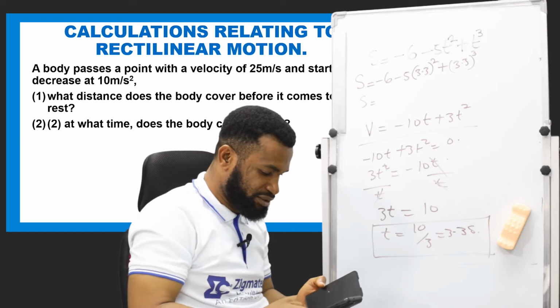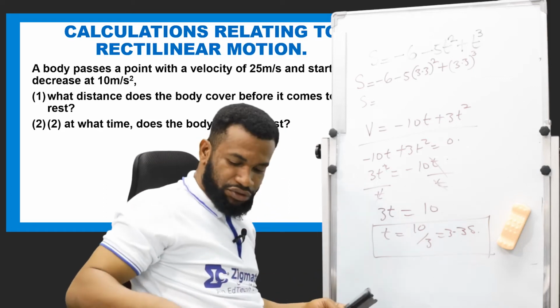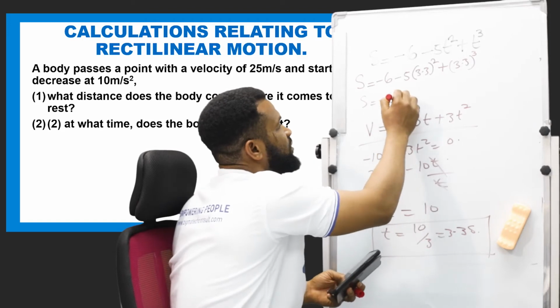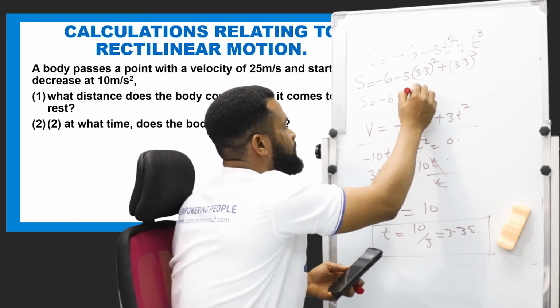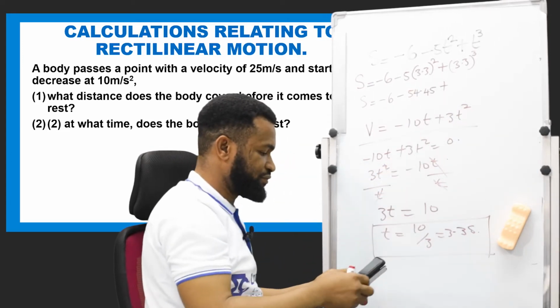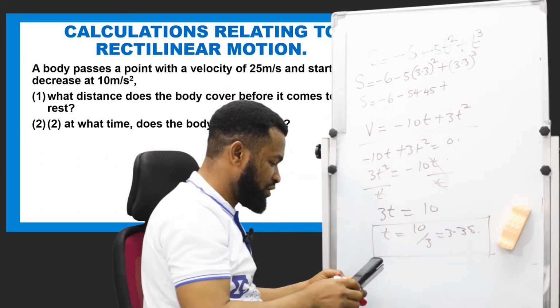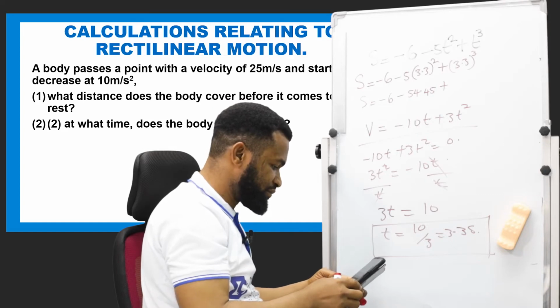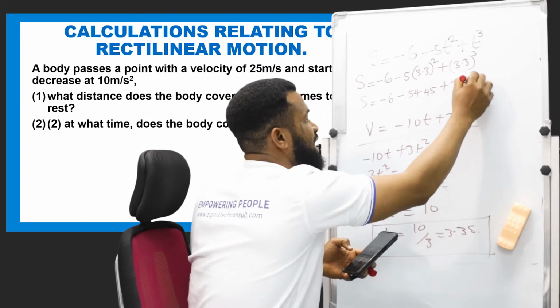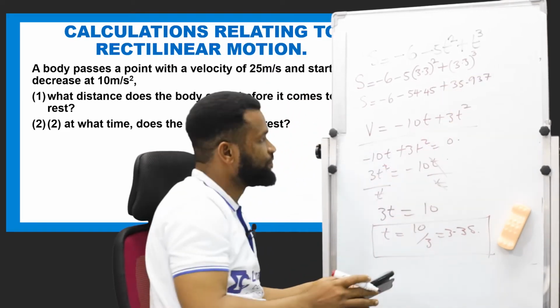So I'm using my calculator. When I multiply that by 5, I'm going to have minus 6 minus 54.45 plus 3.3 all raised to the power 3. So I'm having 35.937, all right?